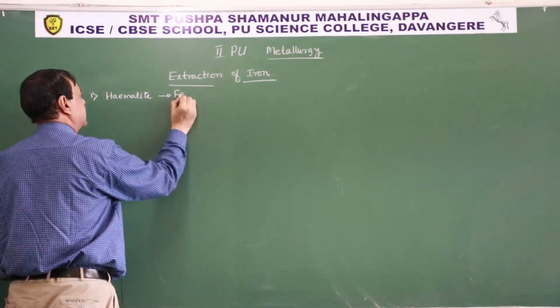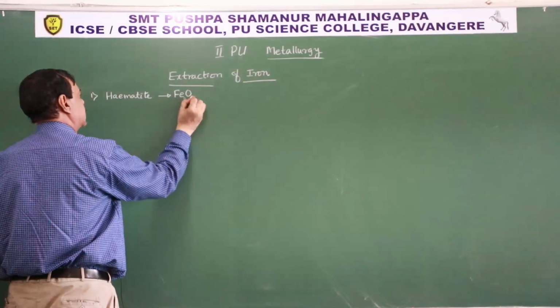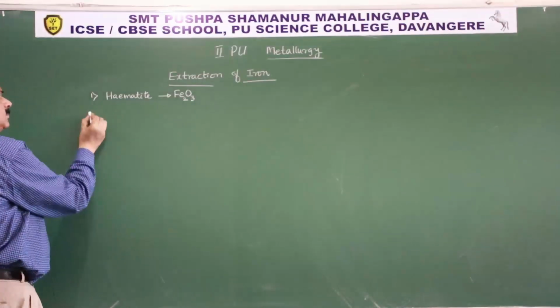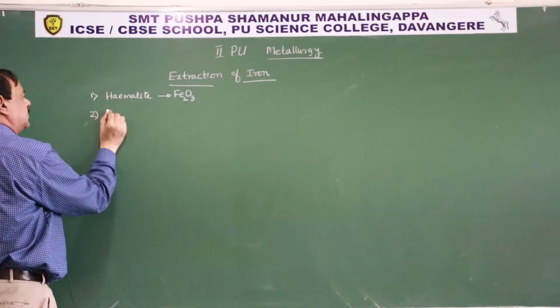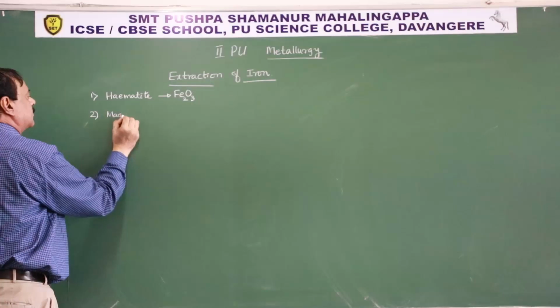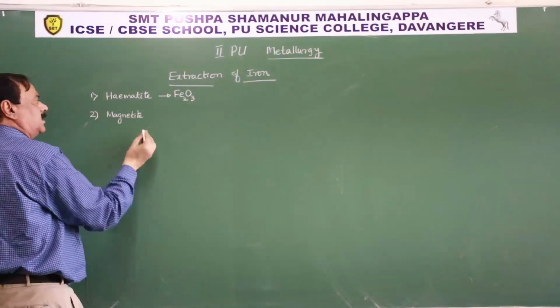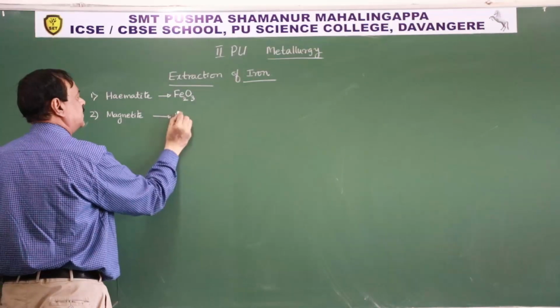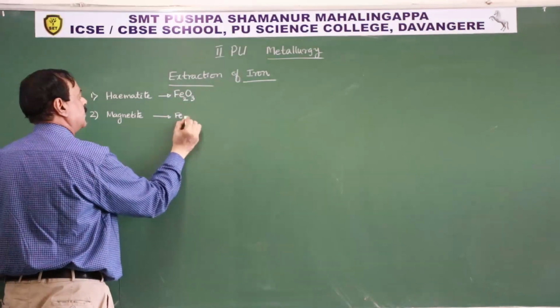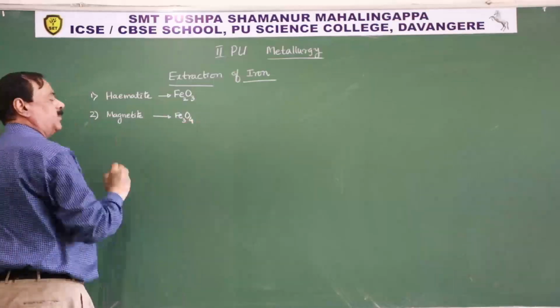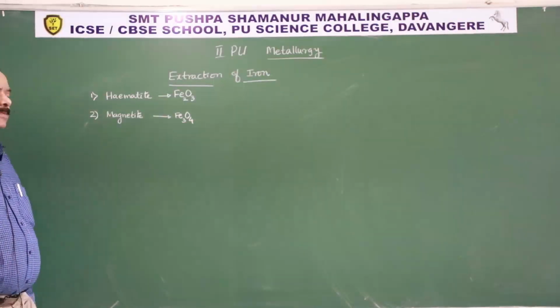Its chemical composition is Fe2O3. Magnetite is often called ferroferric oxide, that is Fe3O4.